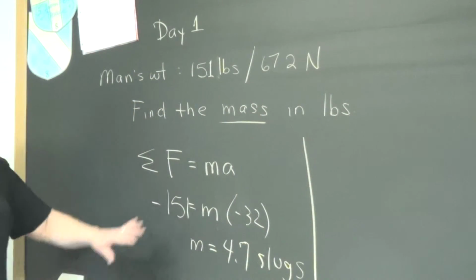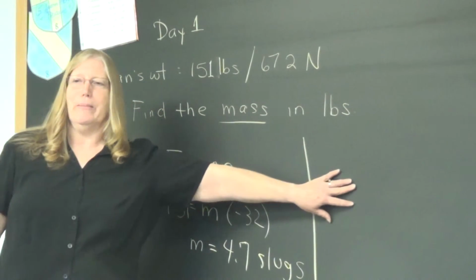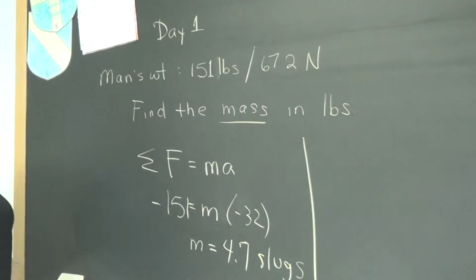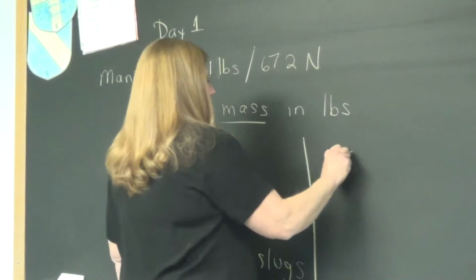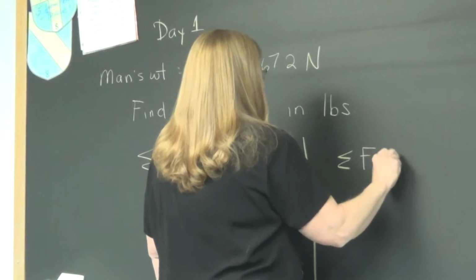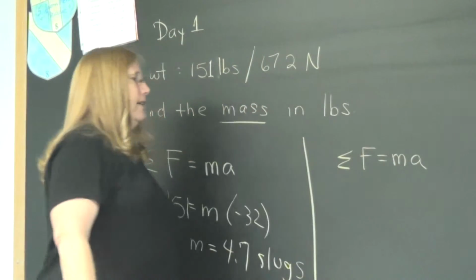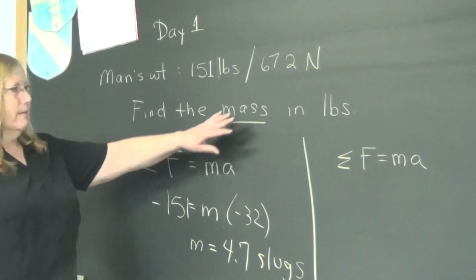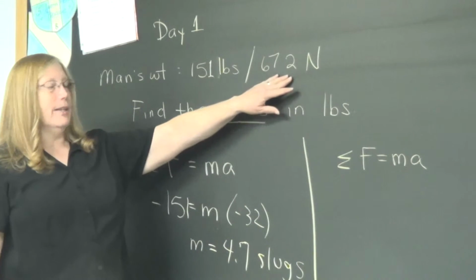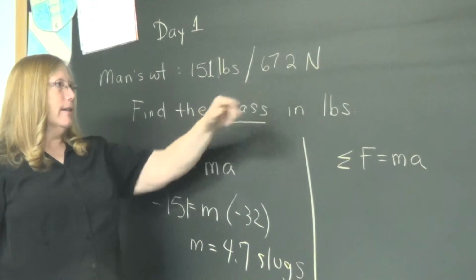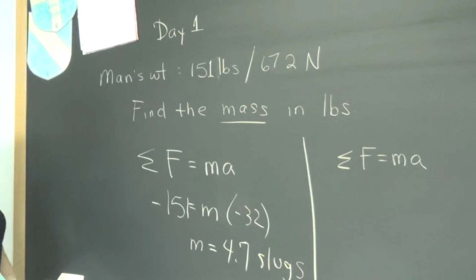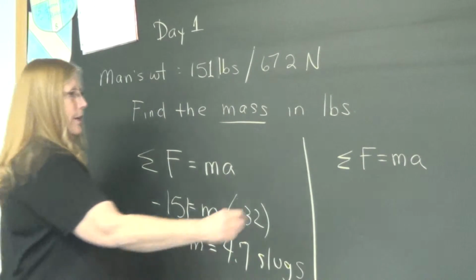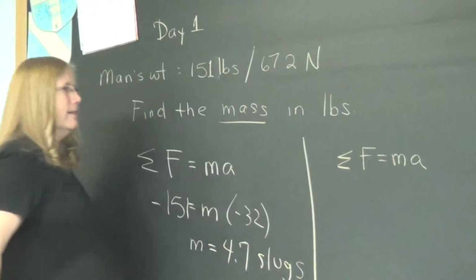We're leaving America and we're going to the rest of the world where we're going to look at the same problem in metrics. So I want to take the sum of the forces equals ma. And we're going to find the weight, using the weight, we're going to find the mass of a man in the metric system. So now we switch over to this number. So Emily Keene, walk us through that. What will go here, here, and here.